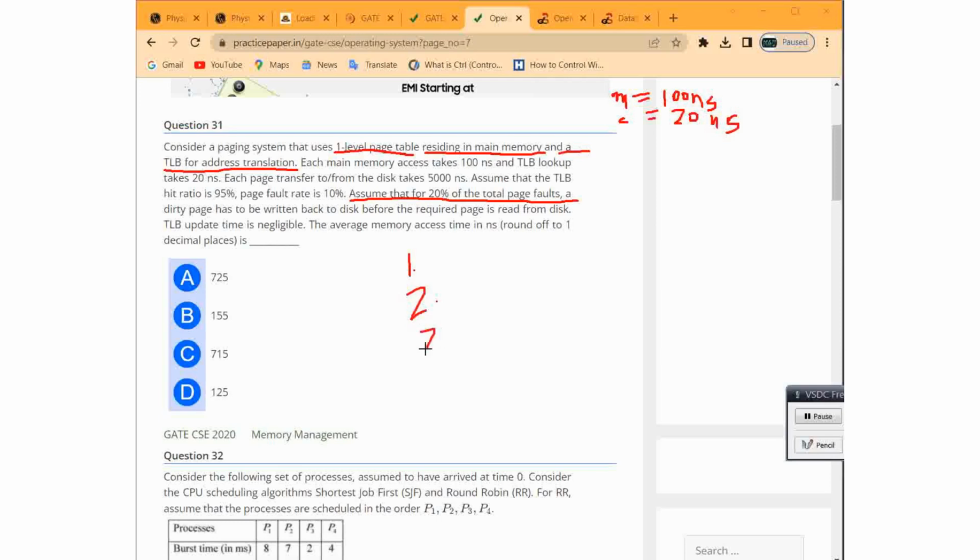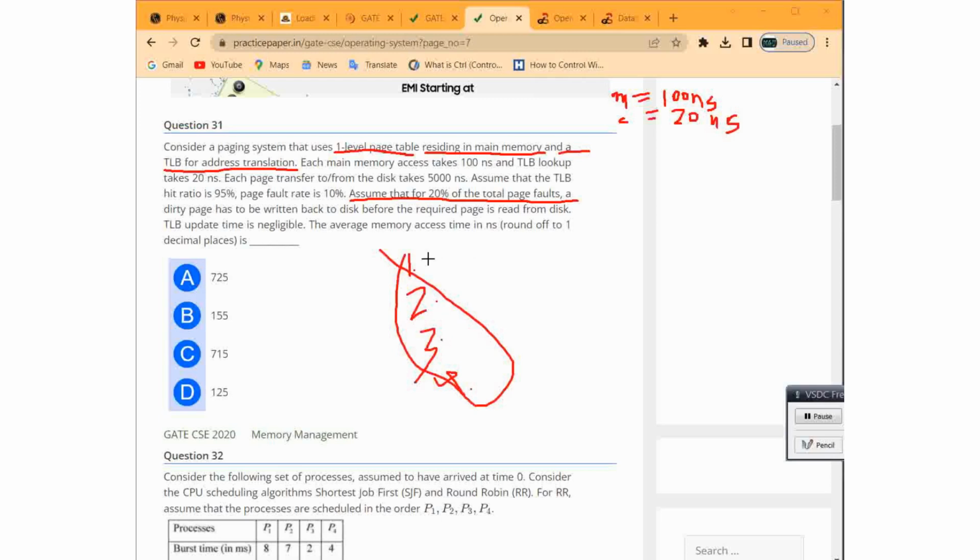Number three, TLB miss and page fault, and we can also make a fourth point, TLB miss and page fault and we have a dirty page.